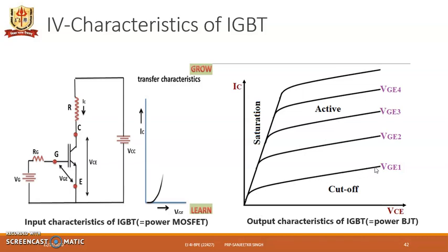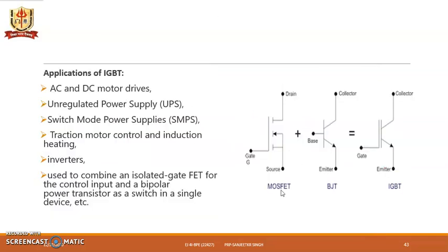Here is the cutoff region, meaning the device will remain in the off state, and when we increase VGE, the IGBT turns on. This characteristic is similar to that of the power BJT. That is why we said it has the best qualities of the power MOSFET and the power BJT. This circuit representation shows that it combines the power MOSFET and BJT into IGBT characteristics.